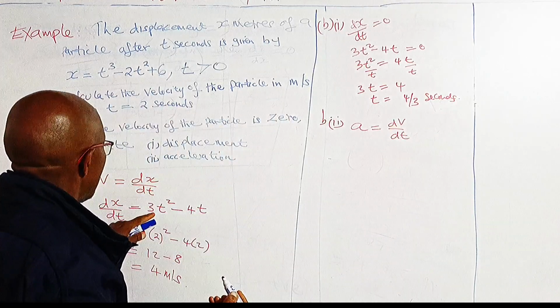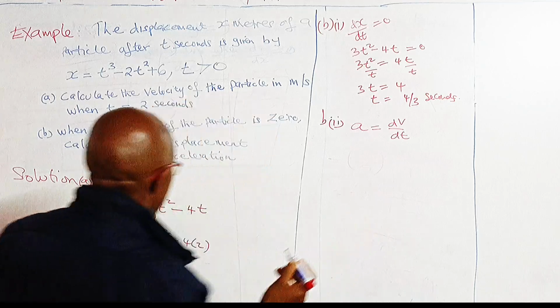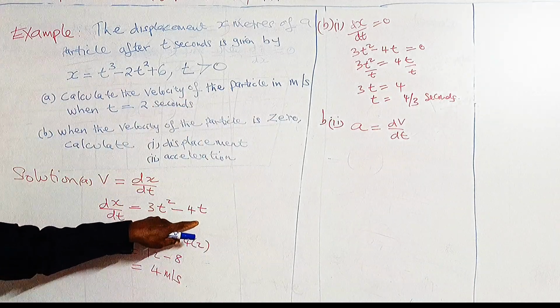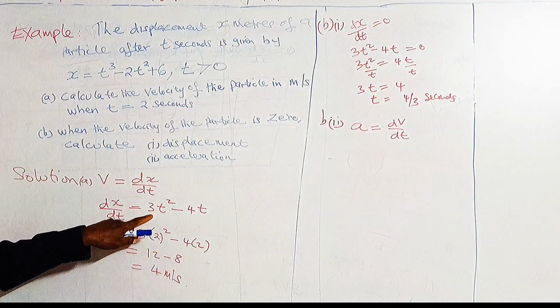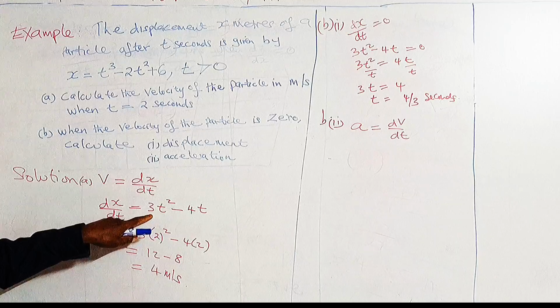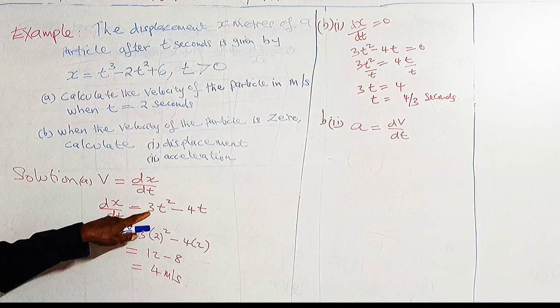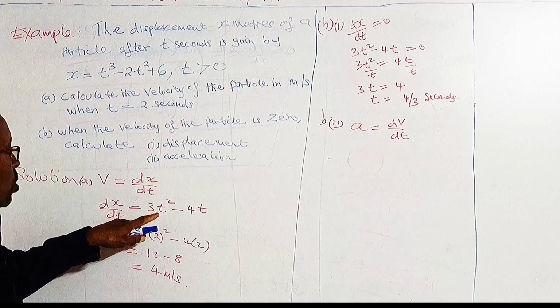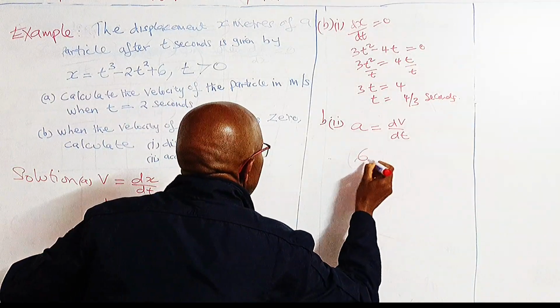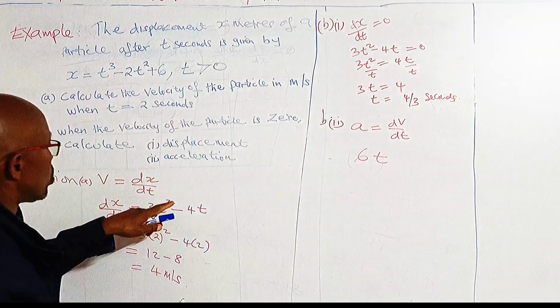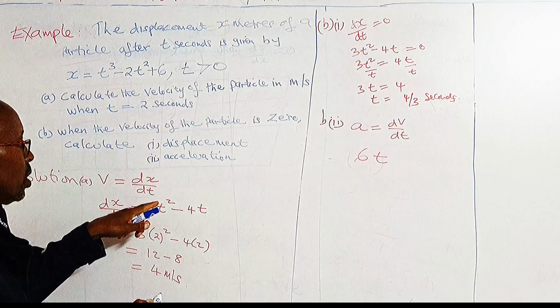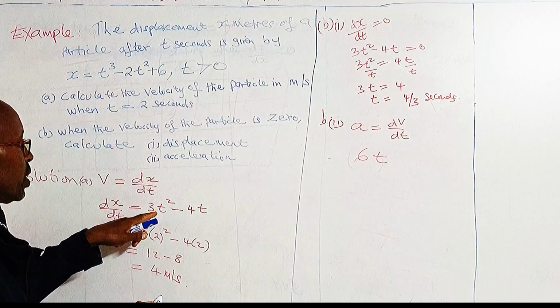And we have our v as 3t squared minus 4t. So our dv/dt will be equal to multiplying the coefficient of t by the power of t. So you get 6t, because we are reducing the power by 1. 2 minus 1, we have 1, so it will be 6t.